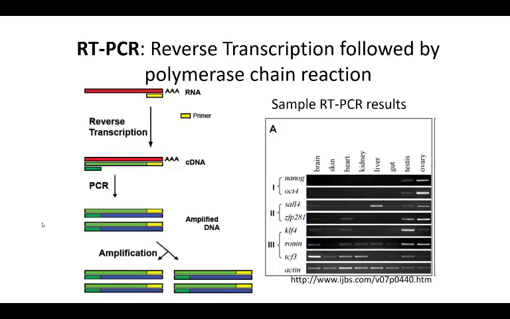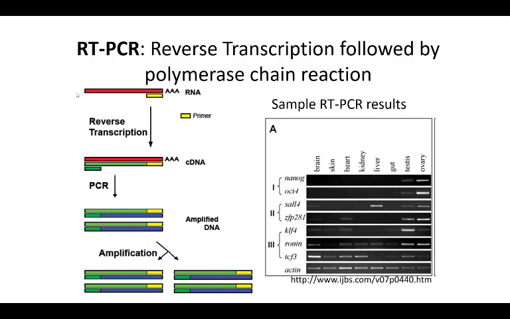A much more commonly used technique these days is something called RT-PCR. We talked about polymerase chain reaction already, and that is just a way to amplify a given piece of DNA to make lots of copies of it. So RT-PCR includes one extra step before you do the PCR, and that is a reverse transcription step.